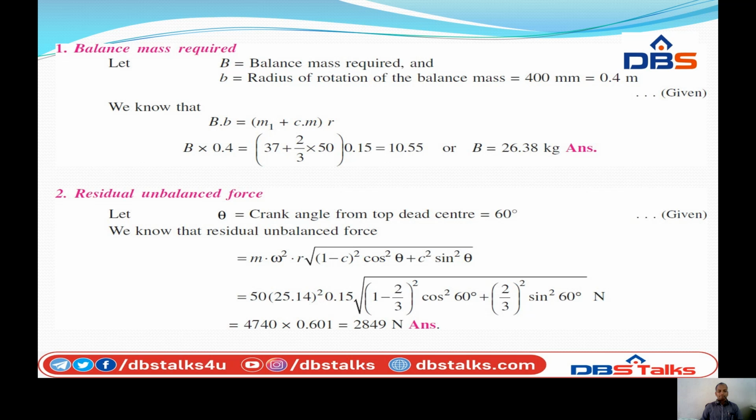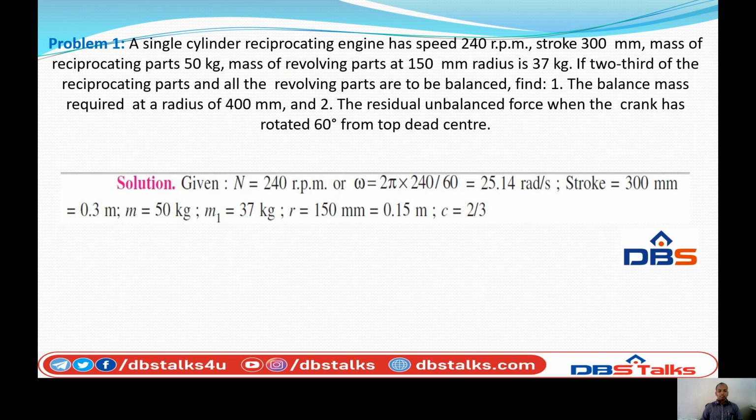And then secondly, the residual unbalanced force. What is the residual unbalanced force? For a crank angle of 60 degrees from TDC, the residual unbalanced force formula is m omega square r into square root of 1 minus c whole square cos square theta plus c square sin square theta. That is already given in the last class.